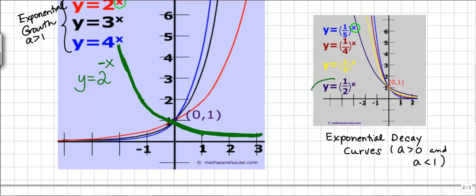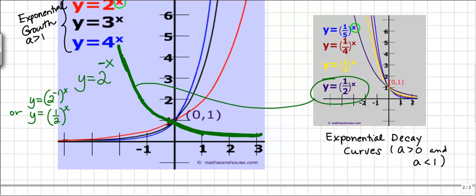However, that is exactly the same graph that we have over here, referred to as y equals 1/2 to the x. So why is that? Well, notice with rules of exponents, 2 to the negative x is the same as 2 to the minus 1 all raised to the x, which is the same as 1/2 to the x. So these are the same curve.